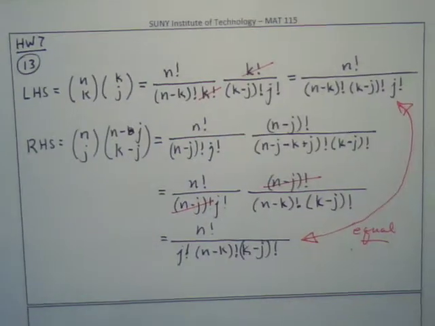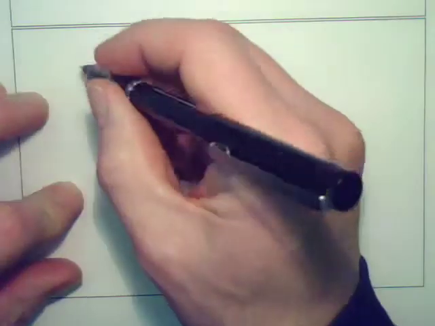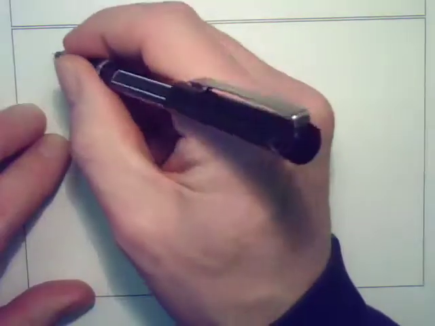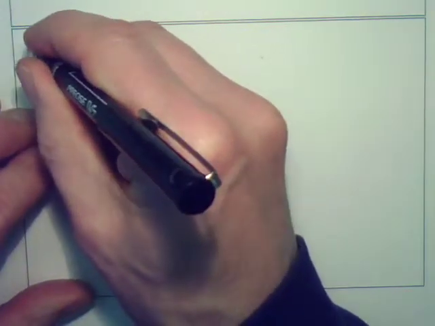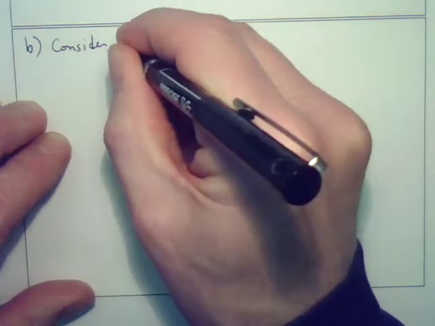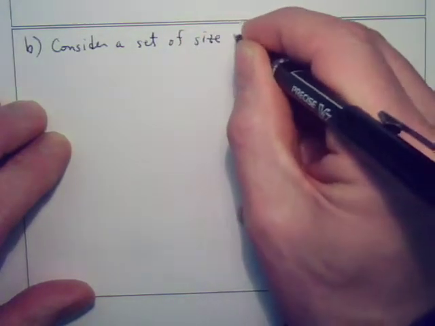Well, what we're going to do is use the product principle, which says that the number of ways of doing something, if we do it in two steps, is equal to the product of those two numbers. So we're going to consider a set. For part B, consider a set of size n.